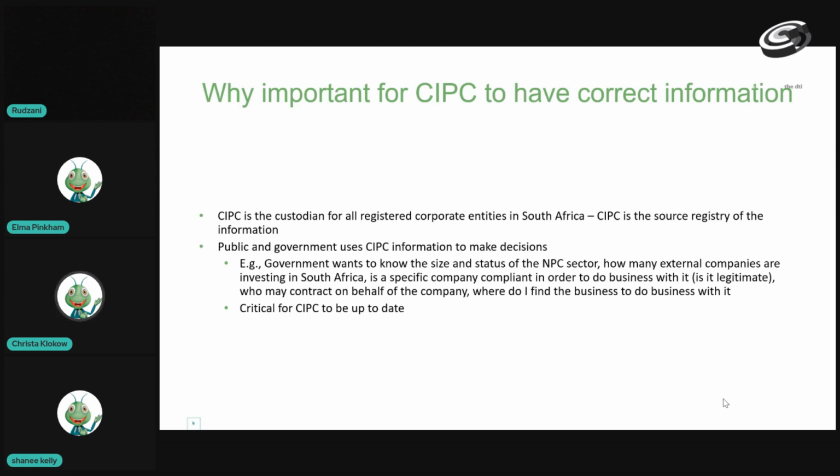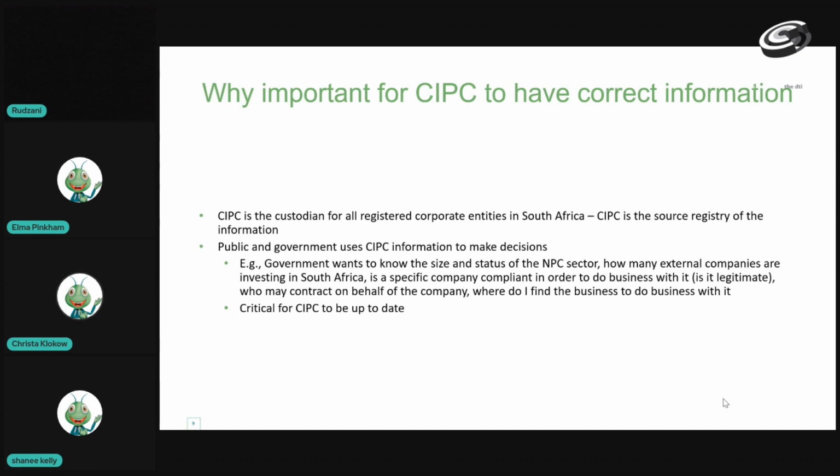So we, the CIPC, are the primary source registry for that information. Public and government use CIPC information to make decisions. Government wants to know the size and status of the NPC sector, for example. They would like to know how many NPCs are registered, where they are registered, in what provinces, what their main objects are.